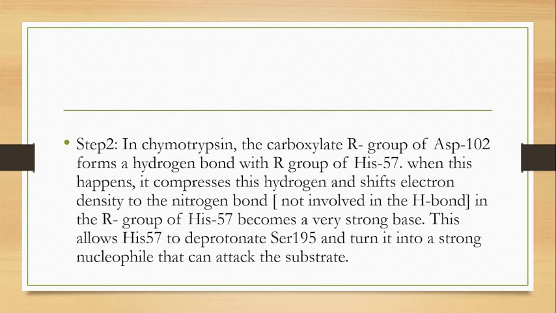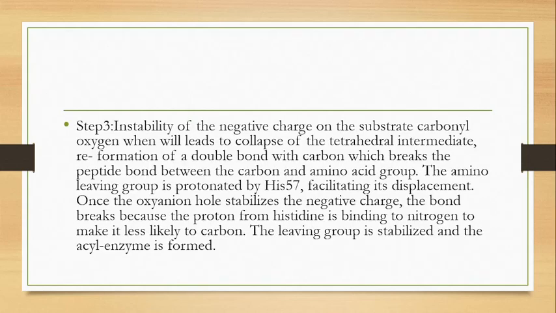The R group of histidine 57 becomes a very strong base. This allows histidine 57 to deprotonate serine 195 and turn it into a strong nucleophile that can attack the substrate.